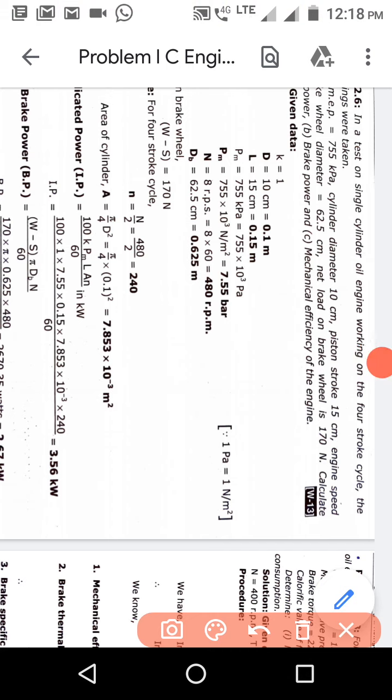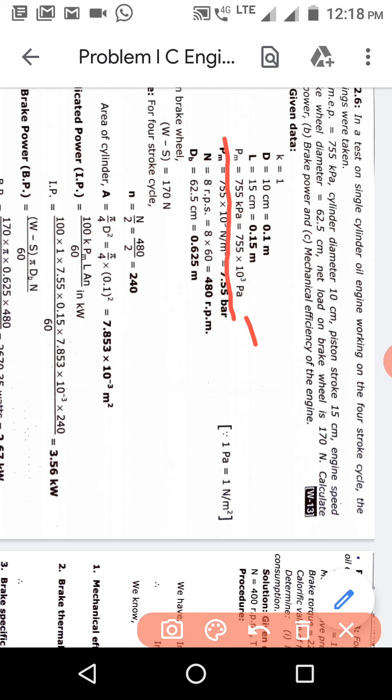Normally we use the formula of indicated power with pressure in bar. So we will convert this mean effective pressure that is given in kilopascal. We first converted it into pascal, so 755 into 10 raised to power 3 is the pascal value.